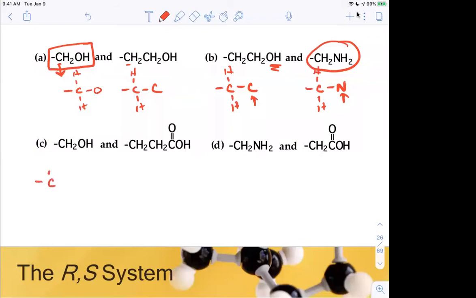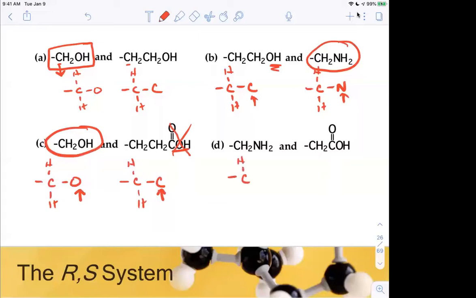Here I have 2 hydrogens and an oxygen. Here I have 2 hydrogens and a carbon. This is my first point of difference. This doesn't even matter in priority. This is my higher priority. Here I have 2 hydrogens and a nitrogen. Here I have 2 hydrogens and a carbon.